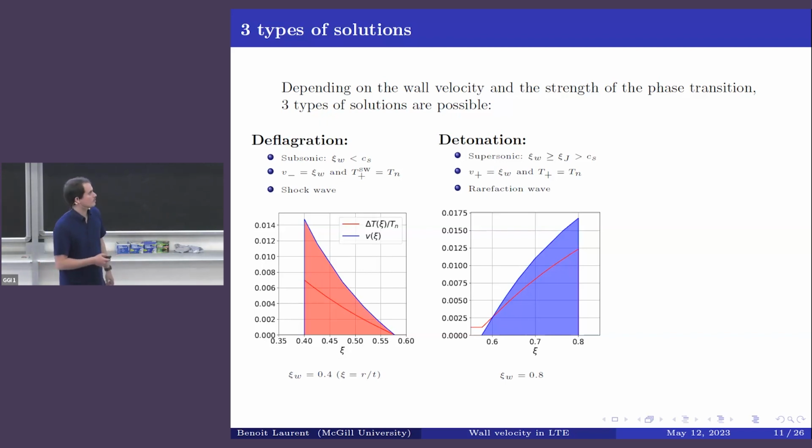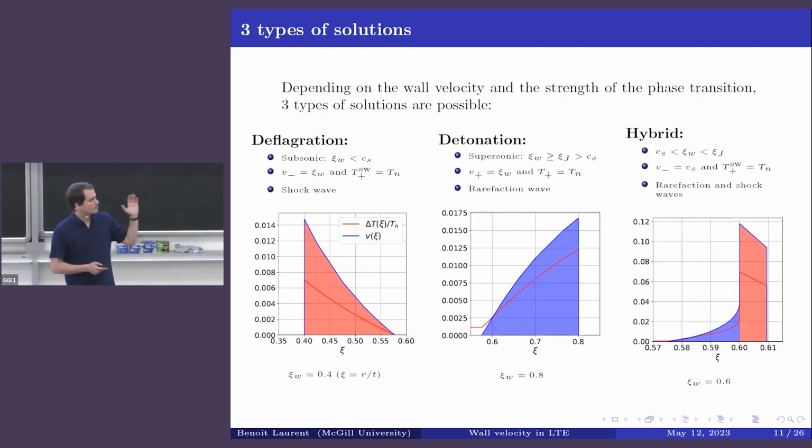This means that between the speed of sound c_s and the Jouguet velocity, there's still a gap where we don't have any kind of solution. And this is where we have a hybrid solution, which is really a mix of the latter two. Here we have both a rarefaction and a shock wave propagating behind and in front of the wall.